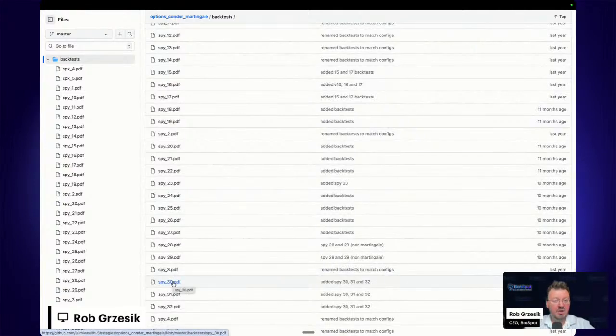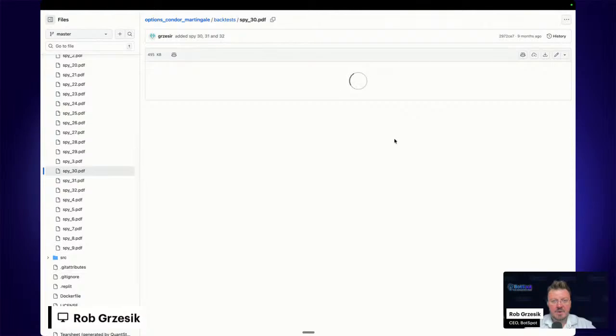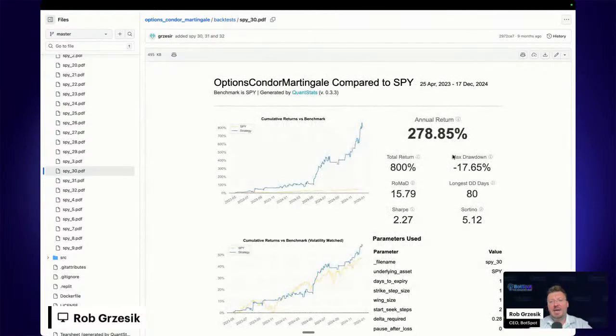I think what it does is it sells options. So it sells a call and a put and then buys a call and a put further out. So it's making money on the inside and then protecting yourself from big losses on the outside. That's what an iron condor is.